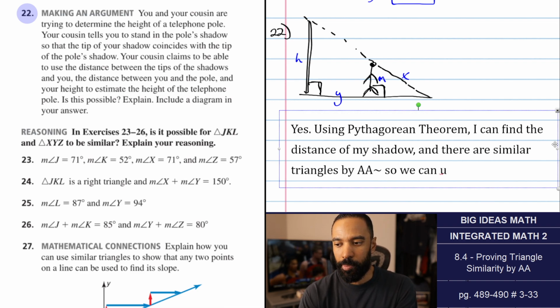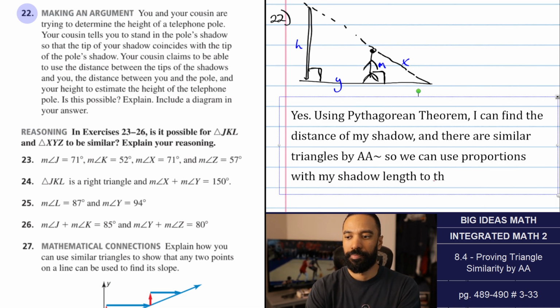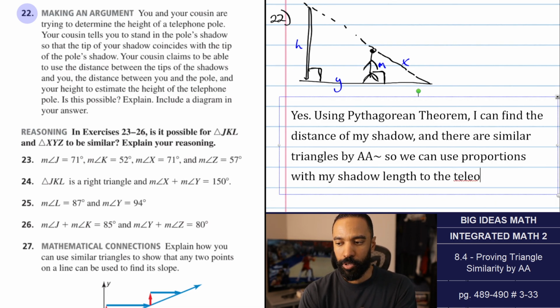So we can use proportions with my shadow length to the telephone pole shadow length.